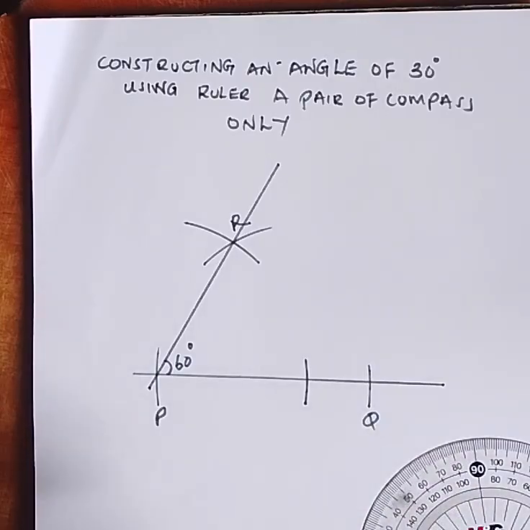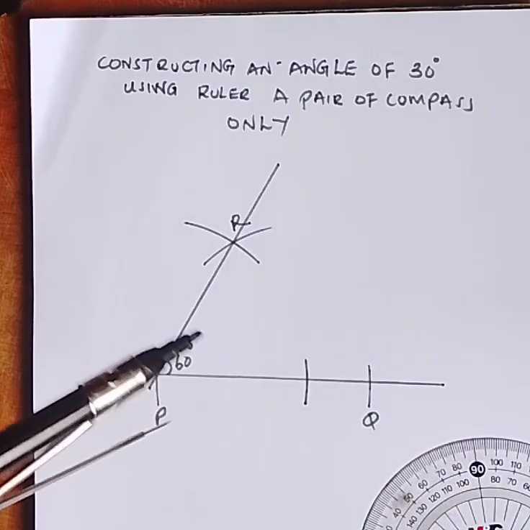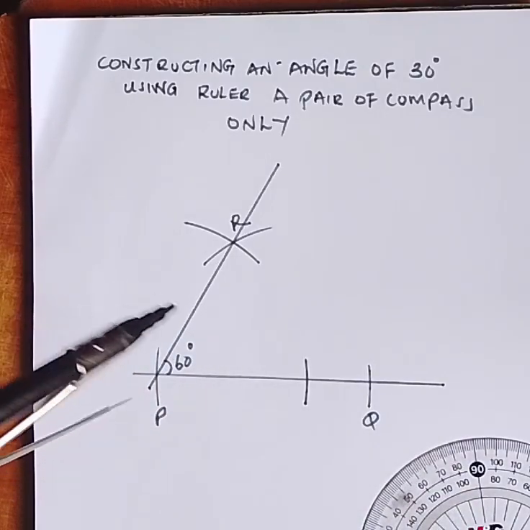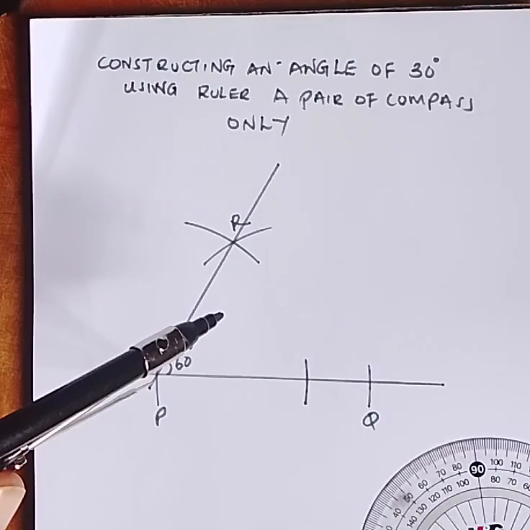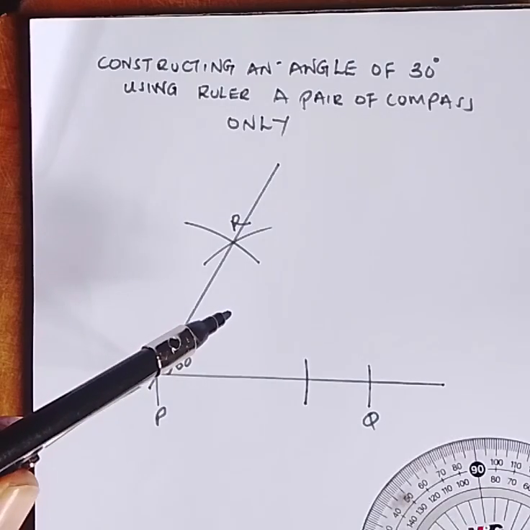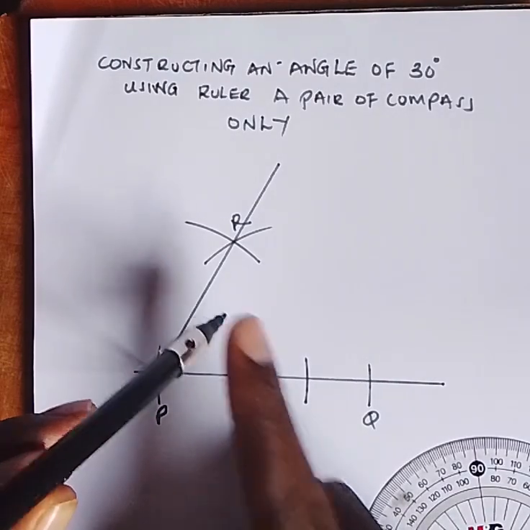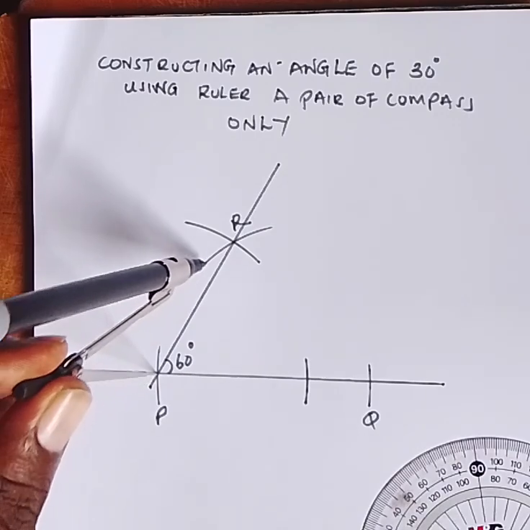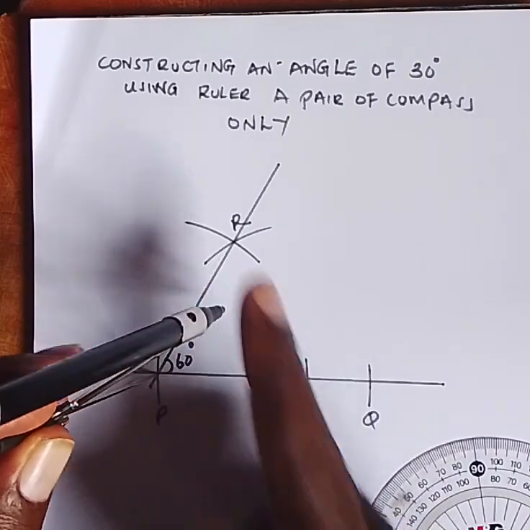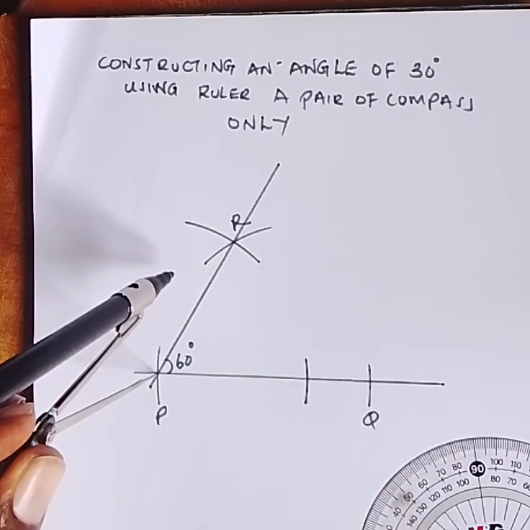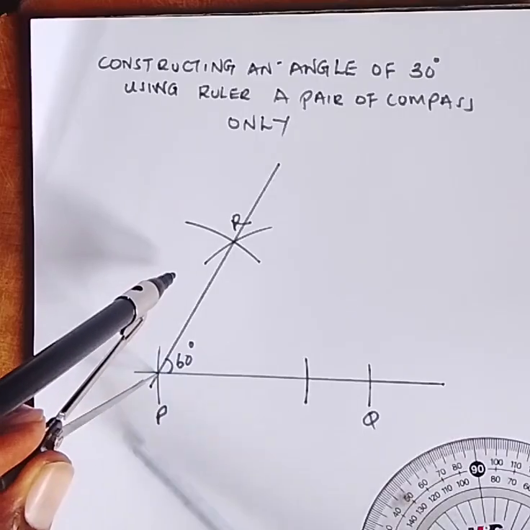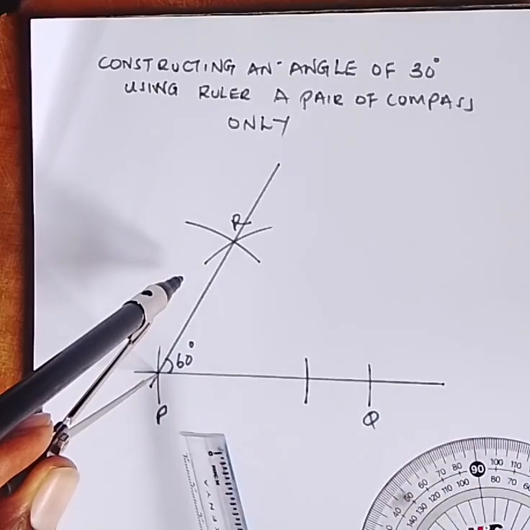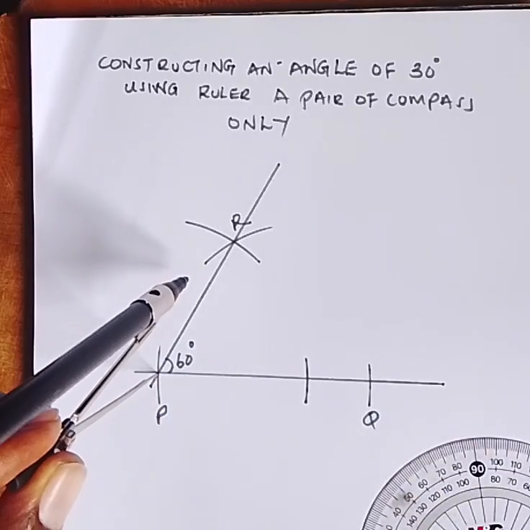So, we are going to do an angle bisector. To do an angle bisector of 60, I will stand on point P. Are you there on point P? So standing at point P, you'll make an arc on line PR and another arc on line PQ.